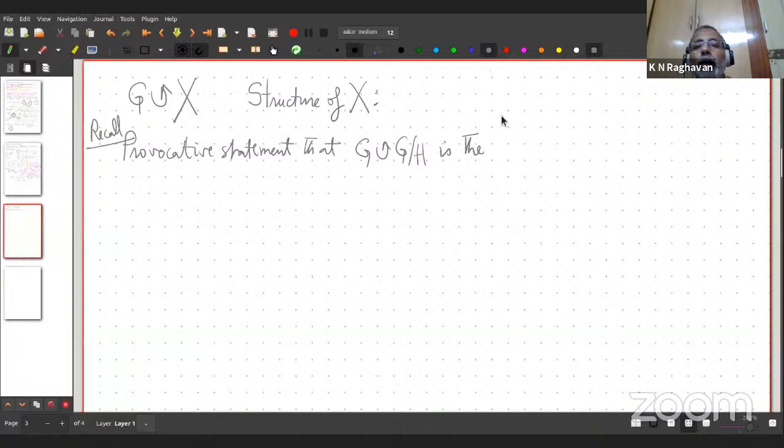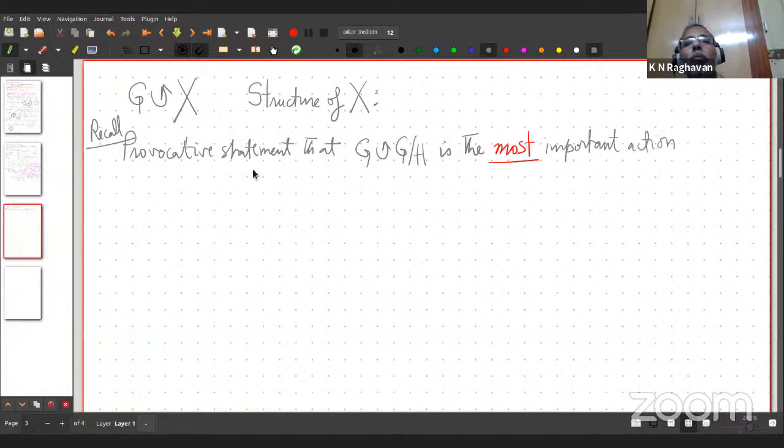So let me put that in red. When somebody says that, you get irritated and say, why is it the most important action? Well, I will explain in what sense it is the most important action. So here it is. Okay, so let us draw this picture again.